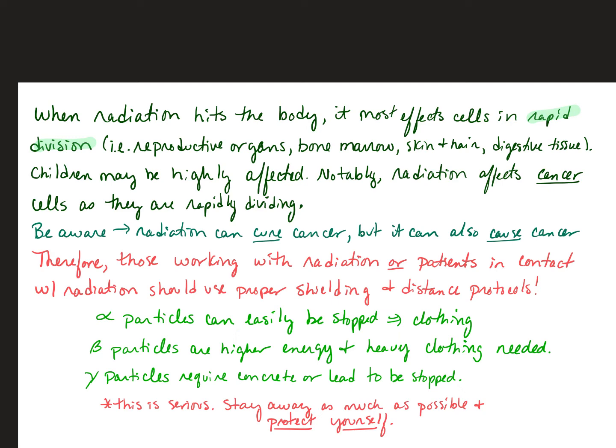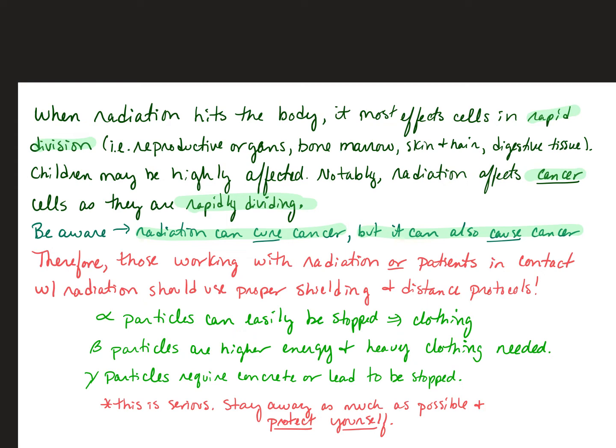Children can be highly affected by radiation. Radiation affects cancer cells that are rapidly dividing, and that's the reason why radiation is used to cure cancer. But be aware that radiation can cure cancer, but it can also cause cancer. There's a little conundrum when it comes to radiation for cancer use.